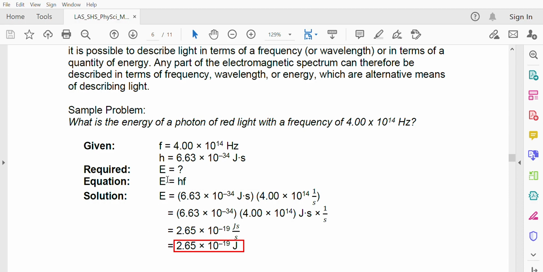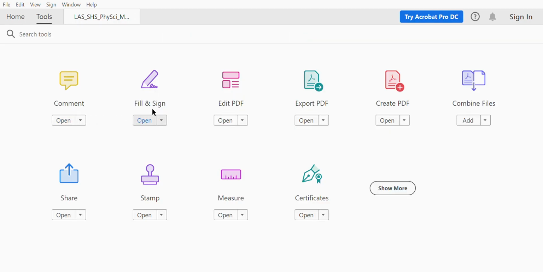What we will do first is multiply the base numbers 6.63 and 4.00. The answer is 26.52.